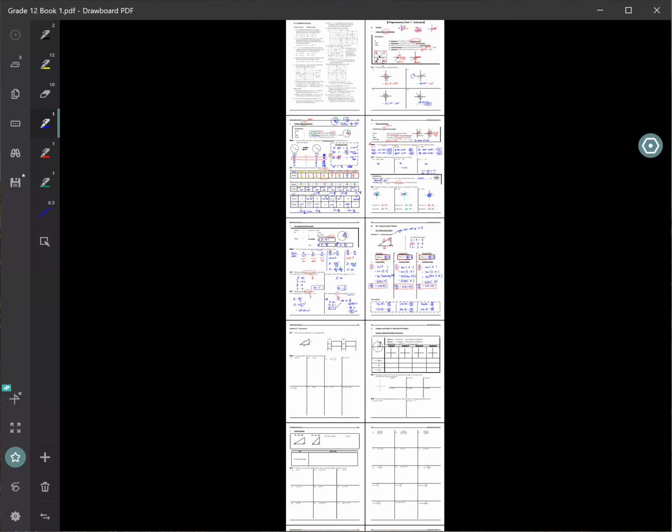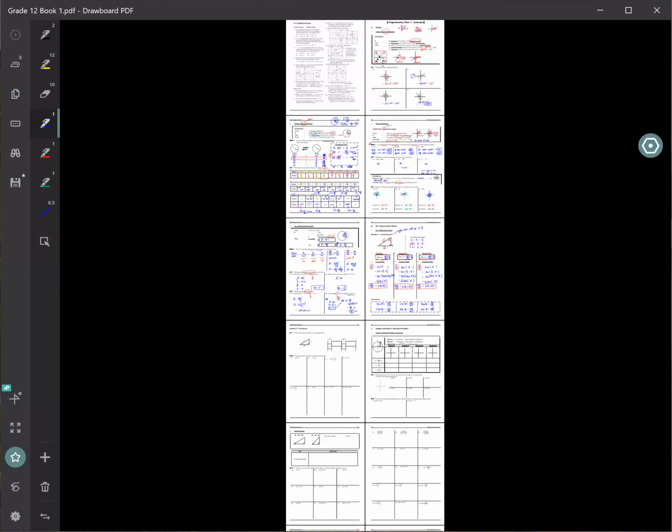Cosecant is hypotenuse over opposite. Secant is hypotenuse over adjacent. Cotangent is adjacent over opposite. You said over twice. How come?